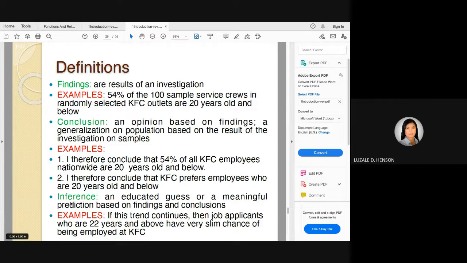So you make a conclusion now na yung mga employee ng KFC nationwide are 20 years old and below. So that if there is a job applicant who is 22 years old, then maybe, no, this is your forecast, that these applicants will have a very slim chance of being employed at KFC considering the findings. So nakita niyo yung differences ng mga yon, class? These are very important when you write your thesis. Okay, class?